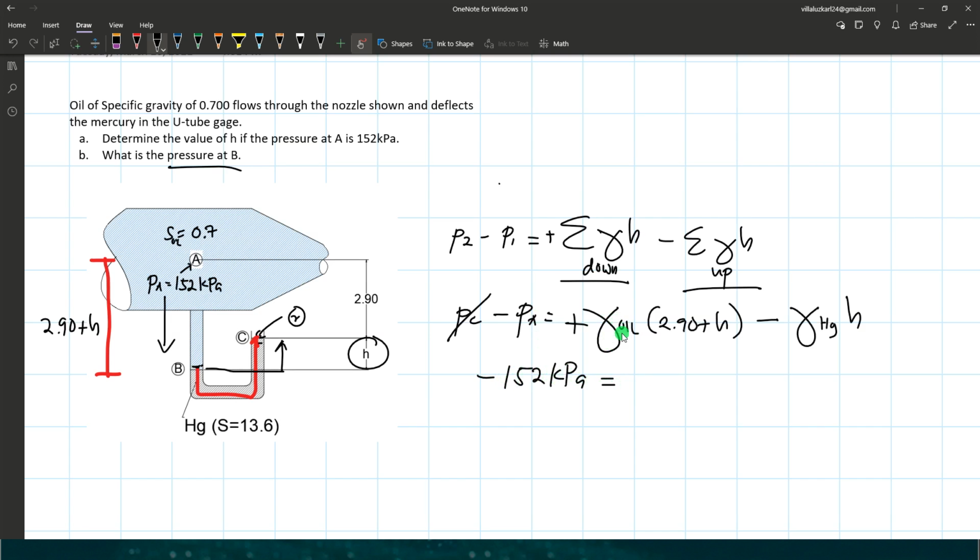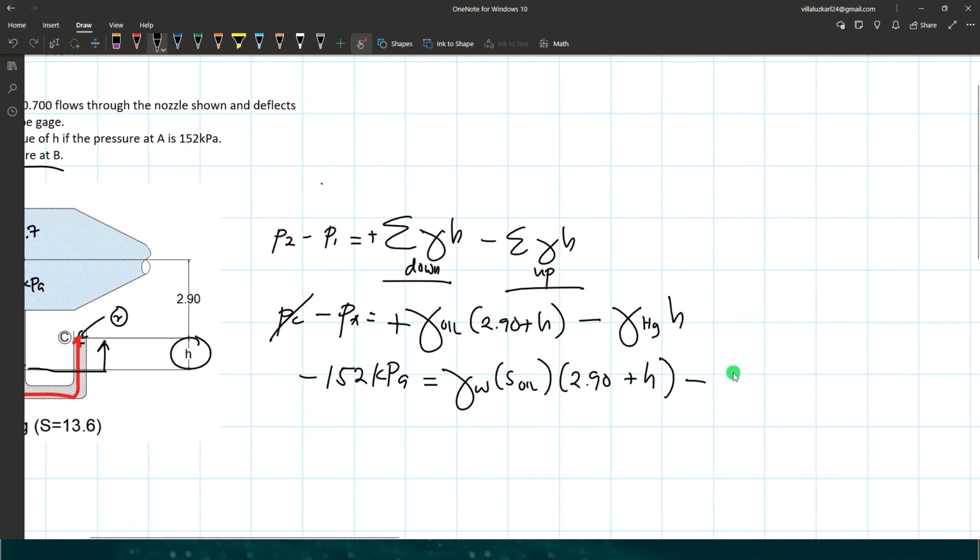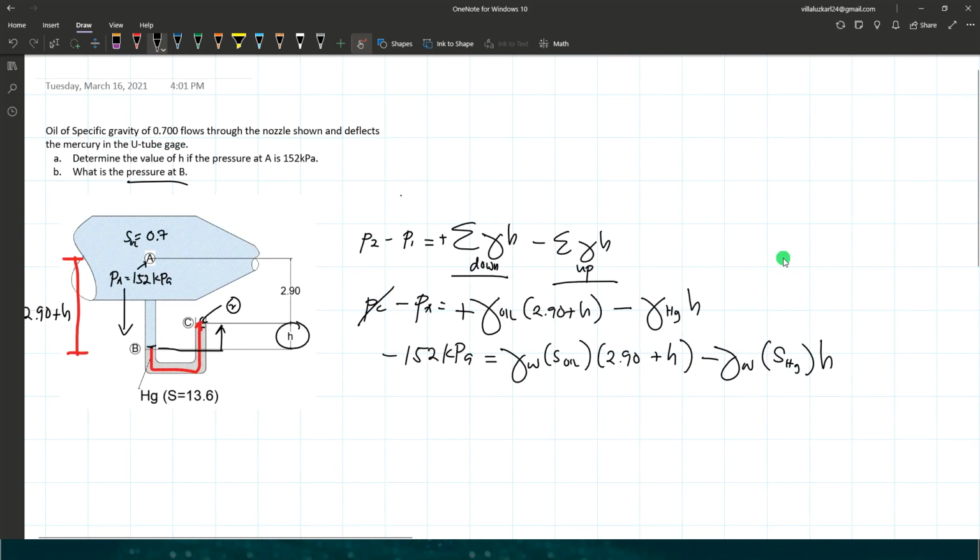The unit weight of oil is just the product of the unit weight of water times the specific gravity of oil, which is given as 0.7, multiplied by 2.9 plus H, minus the unit weight of mercury, that's the unit weight of water times the specific gravity of mercury, 13.6, times H. So substitute now the other givens.